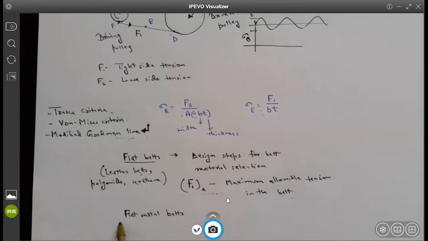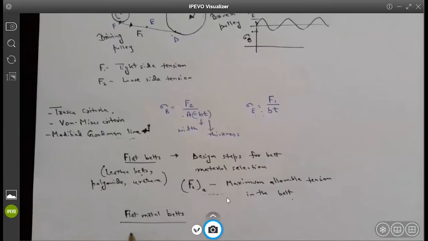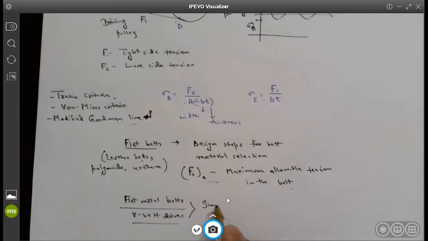But if you're looking at flat metal belt drives or V belt drives, then we have similar design steps, in addition to taking fatigue failure of the material into account.